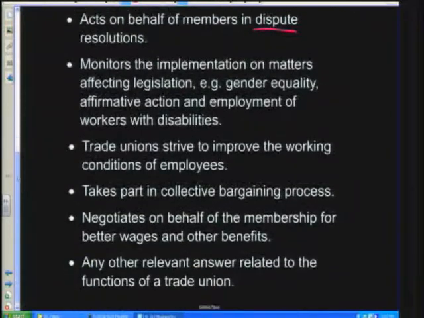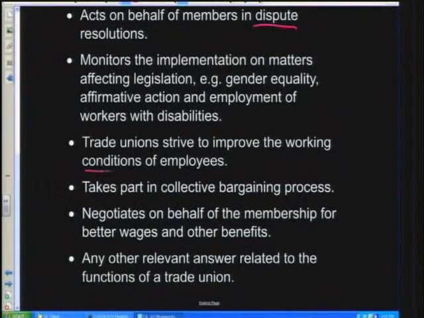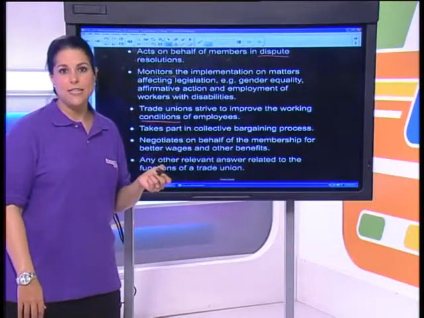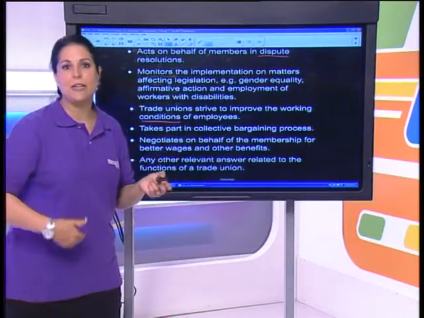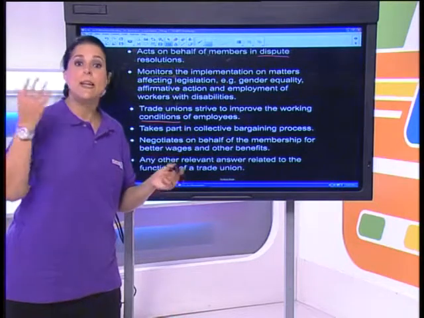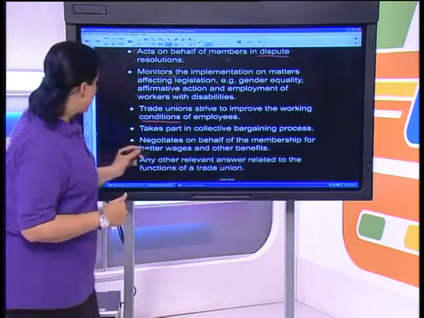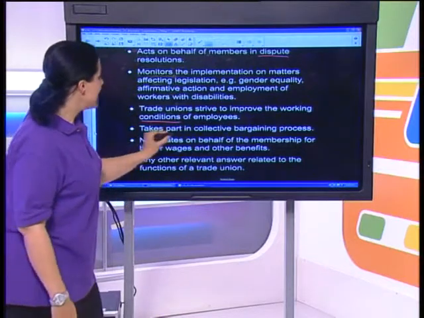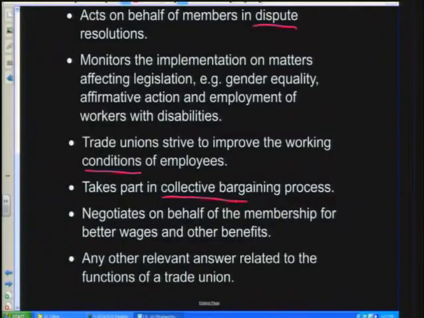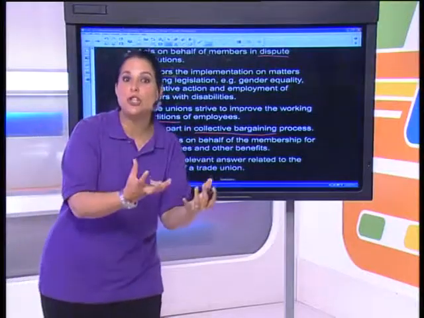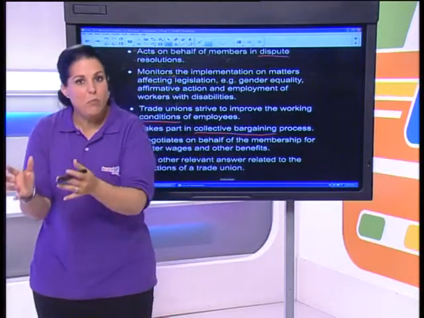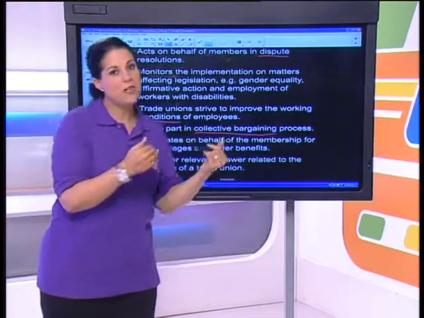Trade unions strive to improve the working conditions. They want the employees to be looked after. They want them to have regular lunch breaks and tea breaks and be able to have bathroom facilities. They negotiate that on your behalf. They take part in collective bargaining. We did this. Collective bargaining says we negotiate with the employer on behalf of the employee.